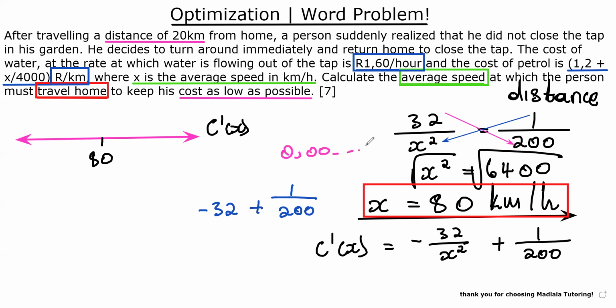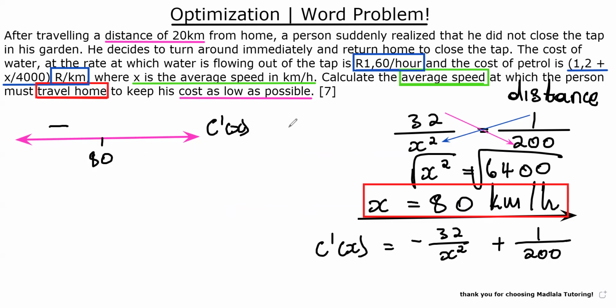So it's about 0.00 something, but it's definitely small. We don't even need to find the exact value of it. So anything that is very large being negative, added to something that is very, very small, it's going to give us a negative result. So this is what you will say.